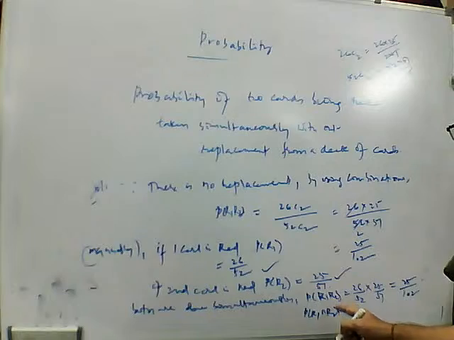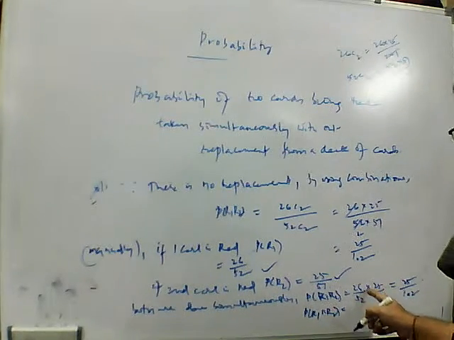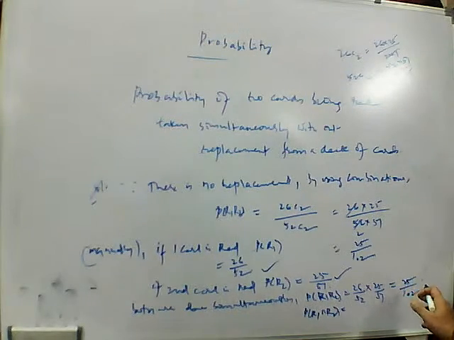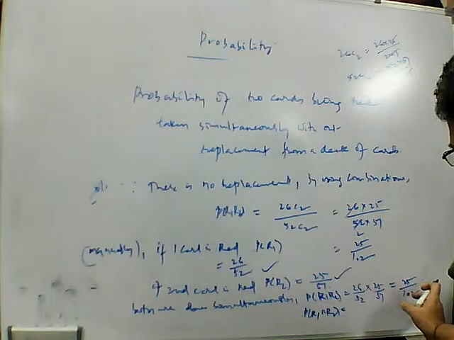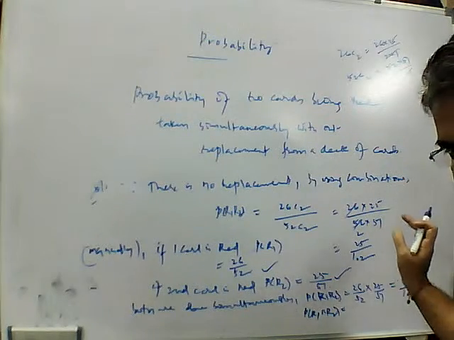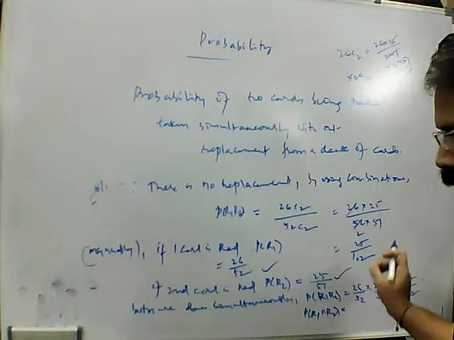So P of R1 R2, or R1 intersection R2, is equal to 26 by 52 into 25 by 51, which is nothing but 25 by 102. So this is what we call the probability of both cards being red. Are you clear? The probability of both cards being red.